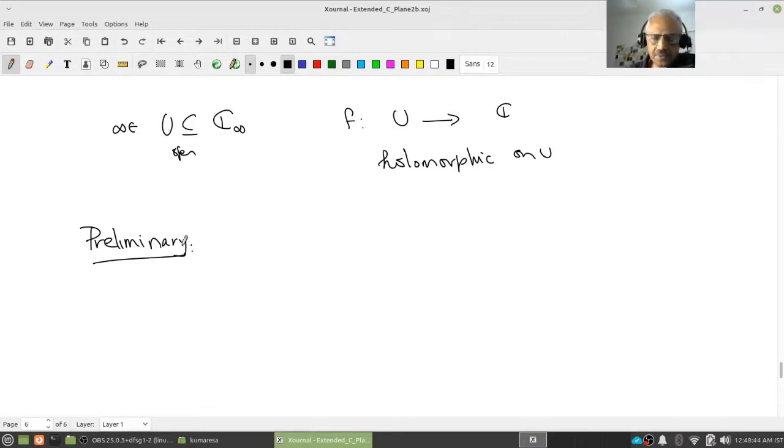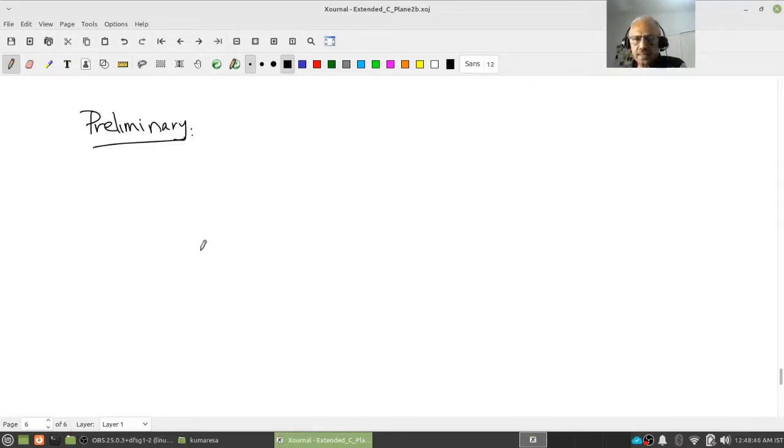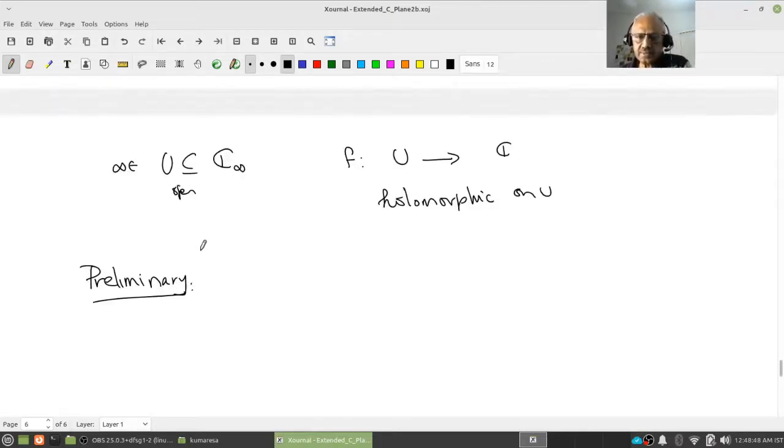But before that, let us look at a preliminary that will help us. Notice that we are going to talk about only differentiability. I will come to that.